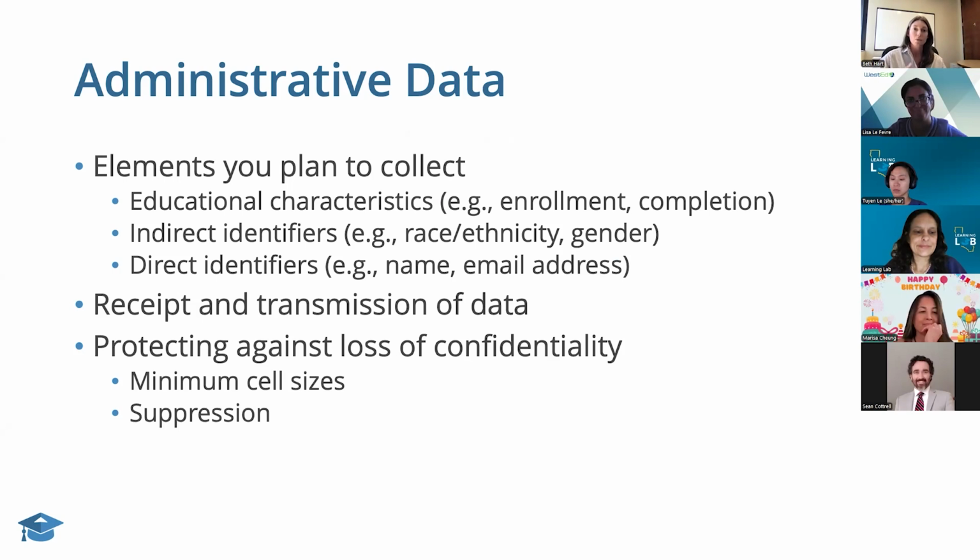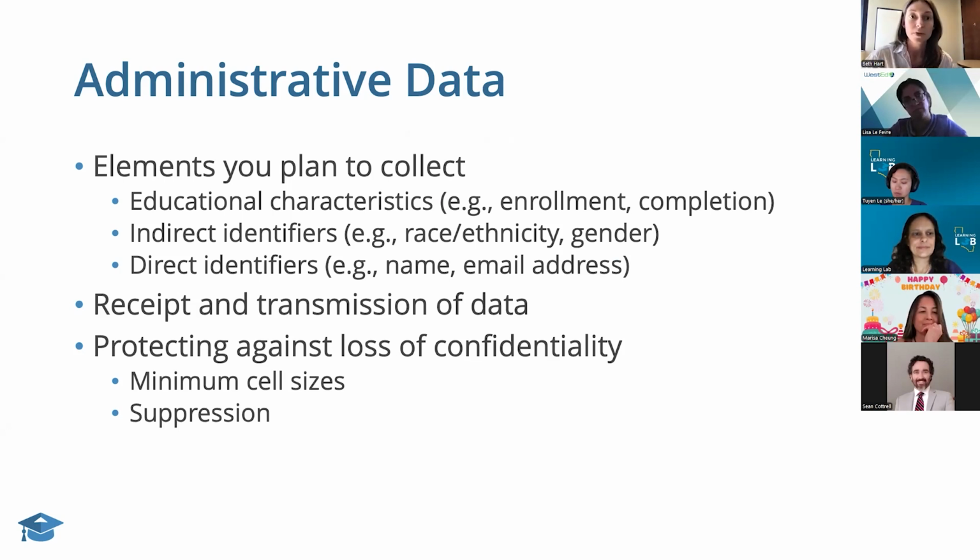And then once you have the information and you're working with it and you're reporting it, a couple things to consider are ways that we can continue to ensure confidentiality and security. One is minimum cell sizes and suppression. So oftentimes we'll have a procedure in place where I'll say in my IRB that if a cell size is less than 10, then I will mask that.